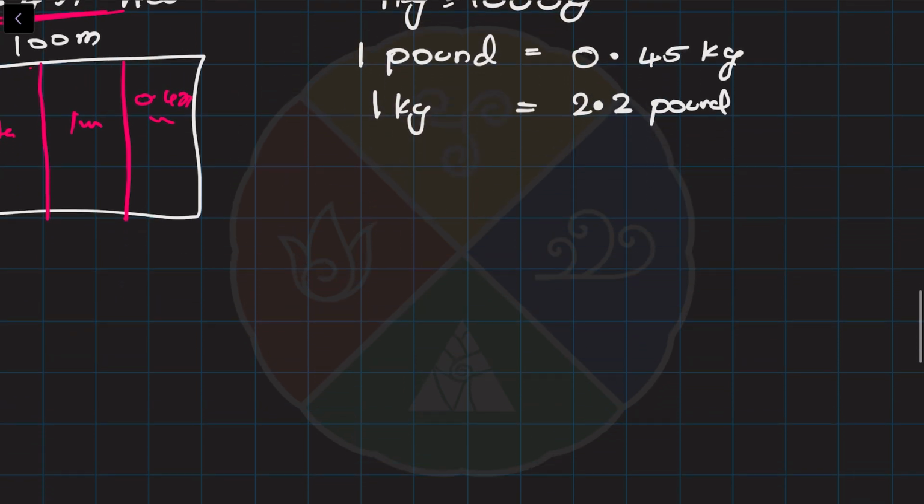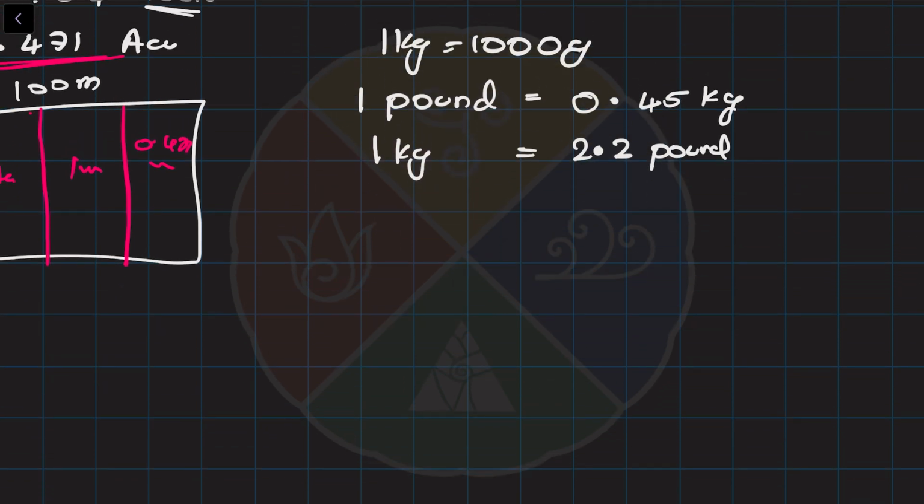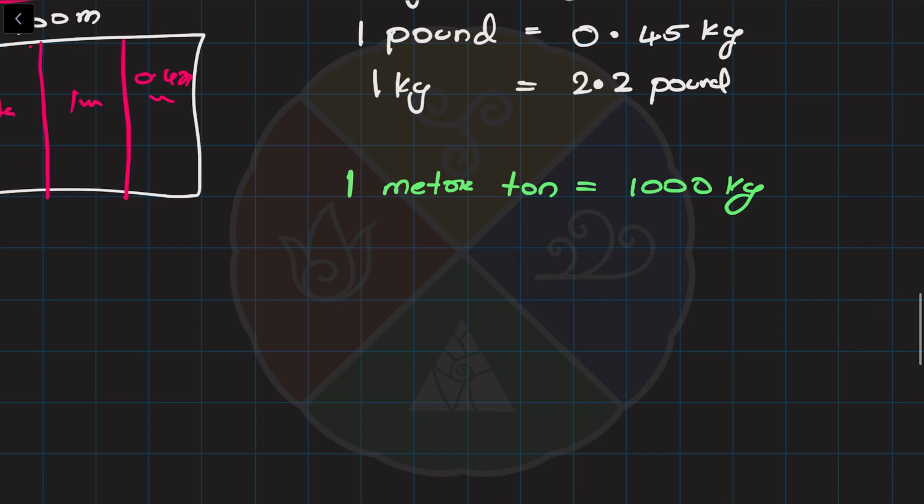Okay, in the question we were looking about ton, right? I told you that 1 metric ton is 1000 kg. There is something which is not commonly seen, but there is something else also. There is something known as 1 long ton and 1 short ton. 1 long ton will be slightly heavier than metric ton.